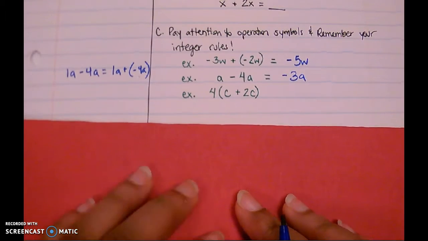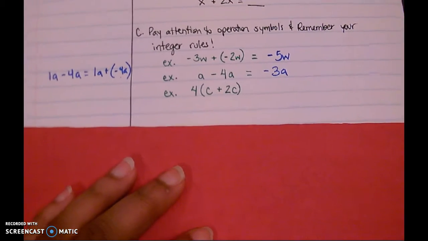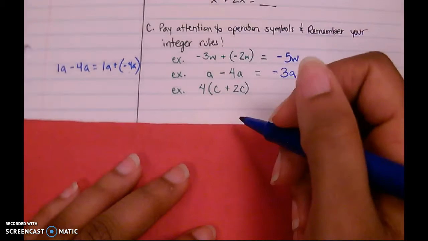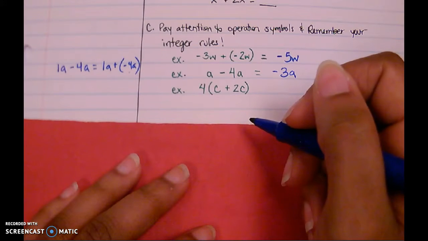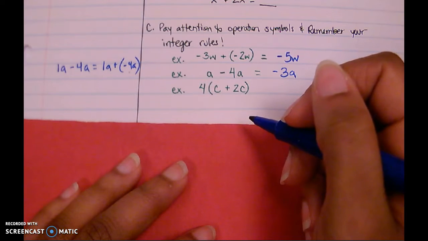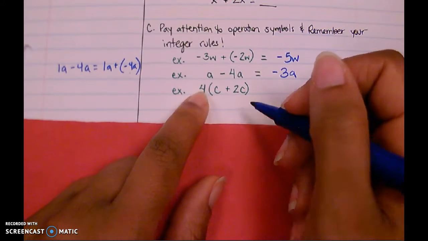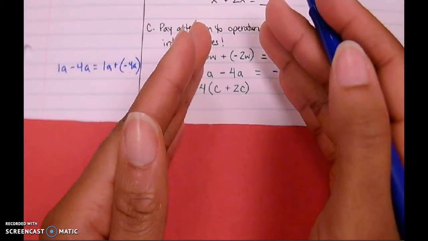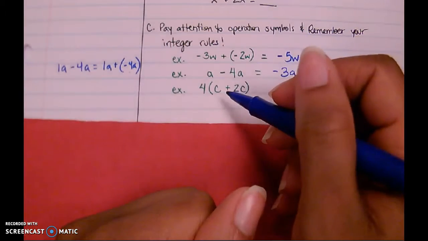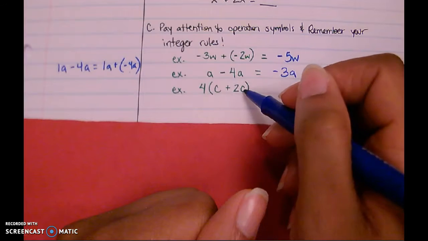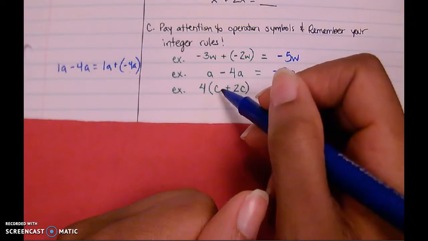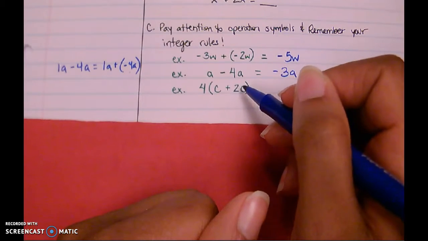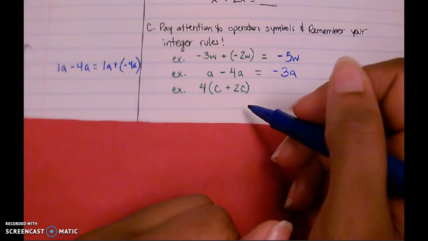Finally, let's work this problem. This problem may seem a little crazy, but really we're using the distributive property. If you remember, we took notes on the distributive property, so go back and look at those. When you see a number outside of a parentheses, because these two are like terms, we could solve this a variety of ways.